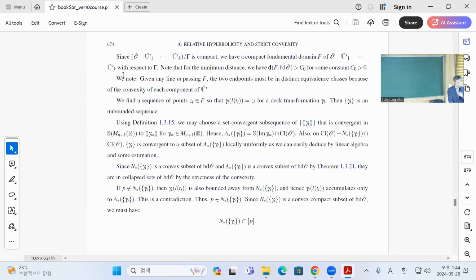Because if you remove this endpoint, the quotient is compact, so you can find the fundamental domain here, and so you can find some gamma_i so that these t_i's are in gamma_i of this fundamental domain. So you find the pullback sequences, and these gamma_i's are unbounded.